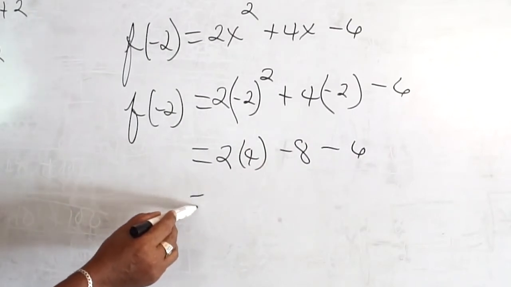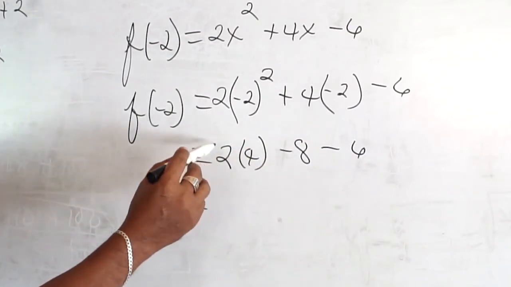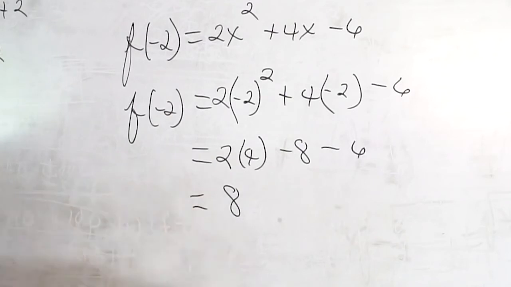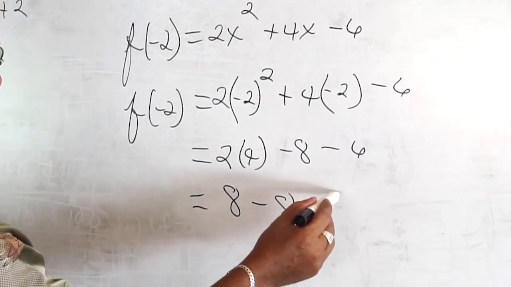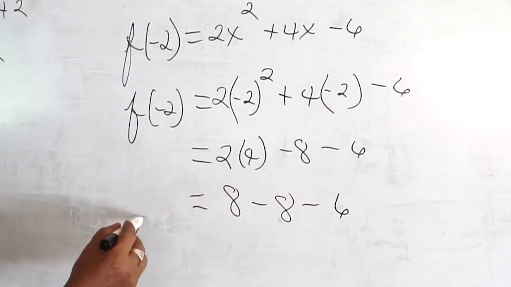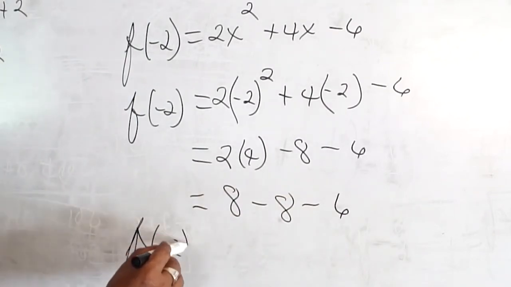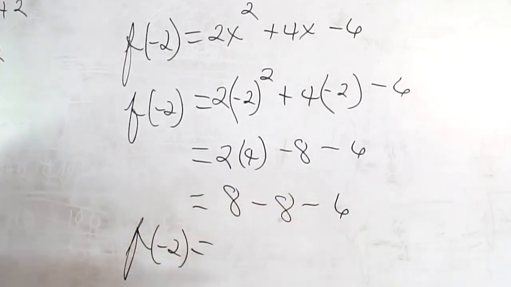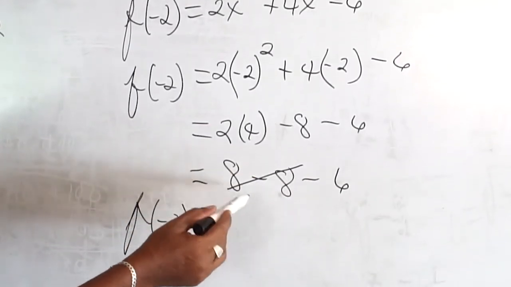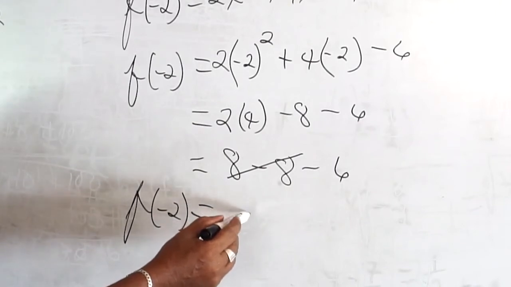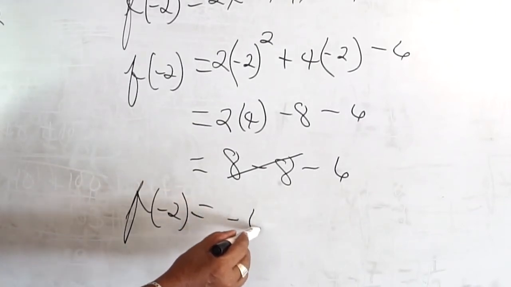Multiply 4 times 2, we have positive 8, then negative 8, then negative 6. Then f of negative 2 is equal to: combine positive 8 and negative 8, the result is 0. The remainder is negative 6.